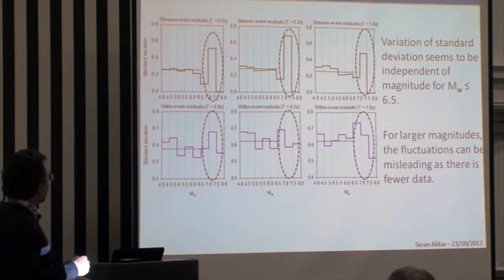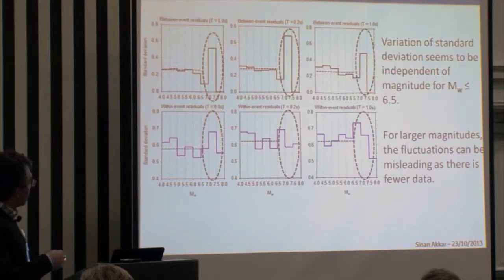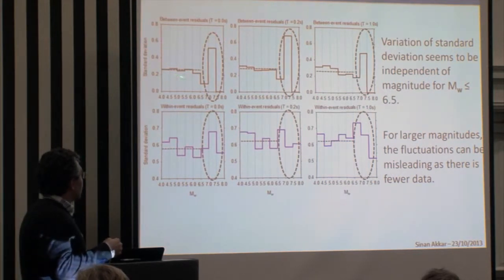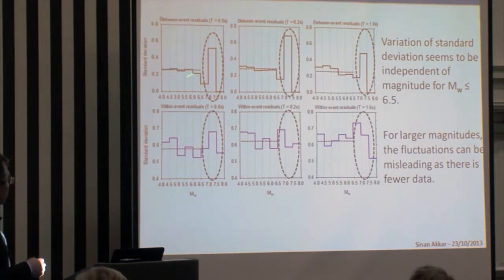As you can see here, the standard deviation shows a stable variation for magnitudes up to 6.5, and these statistics can mislead you because the number of data is so small for magnitudes above 6.5 or 7 that these variations would mislead you. Essentially, what I'm trying to tell you is that there is no magnitude dependence of our sigma for magnitudes up to 6.5.